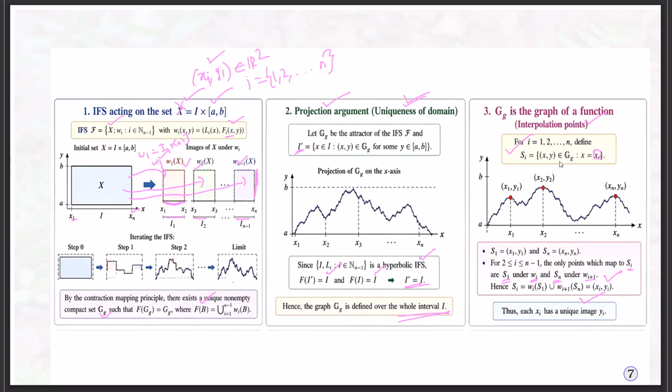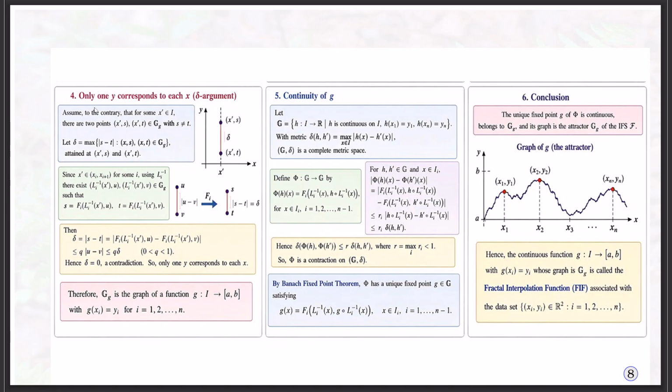There are no two points in G which map to the same x, therefore we arrived at the uniqueness of the image of xi. Then for only one y corresponding to x, if we take two points, x dash associated with s and t, then we defined the delta mapping. Then by using the inverse of Li, which is a contractive homeomorphism, there exist two points s and t satisfying this.